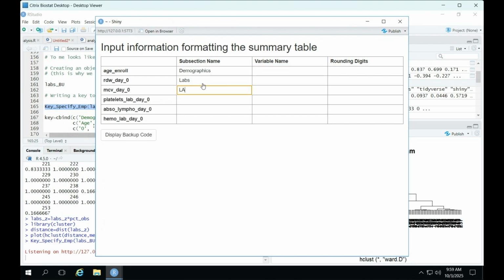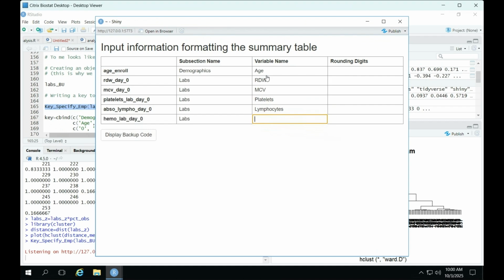And we can fill this in so that we have all of the same data in the same locations. This is not a technical thing. This is just organization, so that we know we're getting information we can understand. Then we say, what's the variable name? Well, this is age, this is RDW, this is MCV, this is platelets, and so on and so forth.